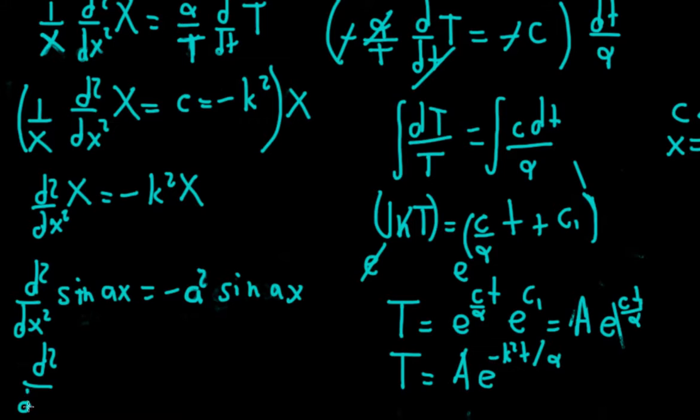Something very similar is true for cosine: the double derivative of the cosine of a x is equal to minus a squared times the cosine of a x. So we have two functions that satisfy this differential equation.